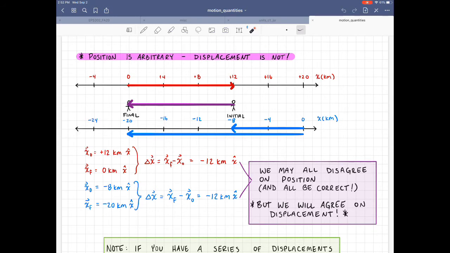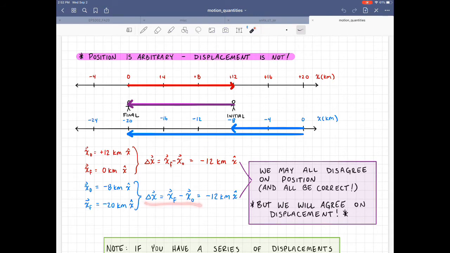But let's look at the displacement. Now remember, the displacement is delta x, x final minus x initial. So in the red coordinate system, that works out to be 0 kilometers minus 12 kilometers. So I end up with a displacement of negative 12 kilometers in the x-hat direction. So that's 12 kilometers to the left.